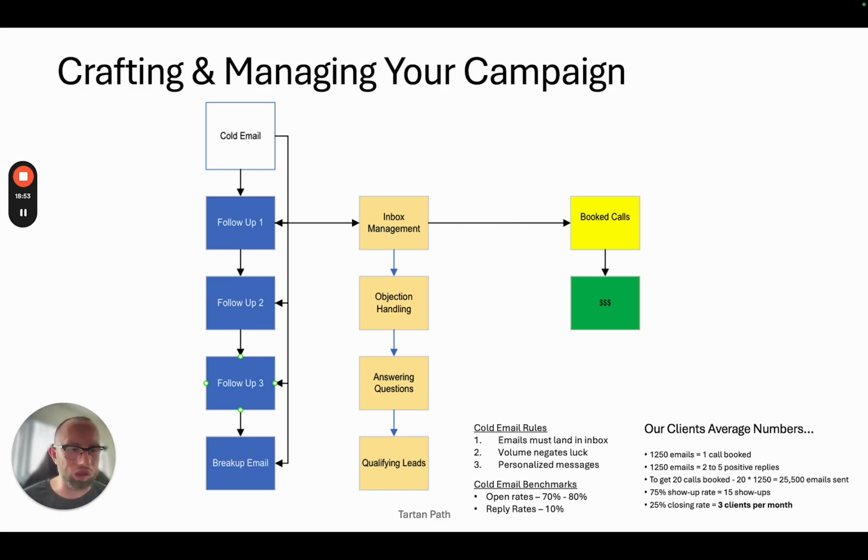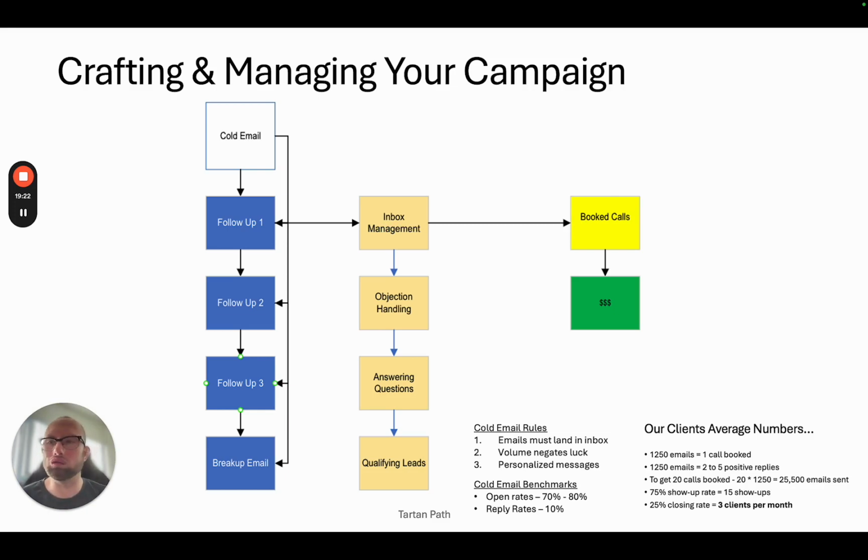Then, assume that 75% show up with good pre-nurturing once they book the call. That's a very big part of what we do as well, the pre-nurturing, and that's why we have 75% or more showing up, because we're sending them case studies, we're sending them information, we're pre-nurturing them with a video to show them that, hey, we're serious about chatting with you, and here is more about us.